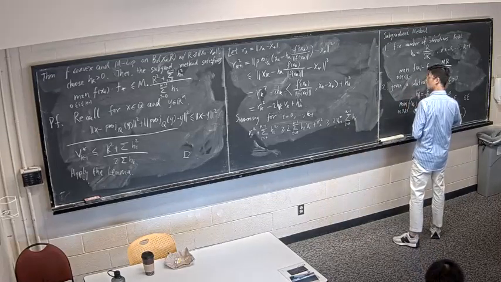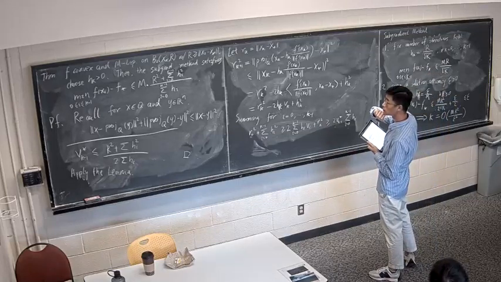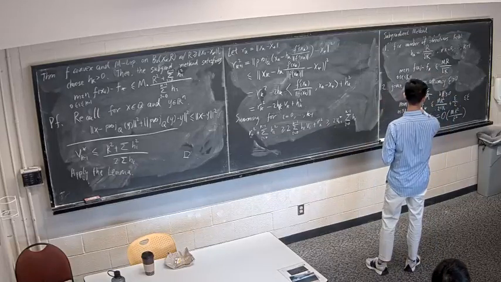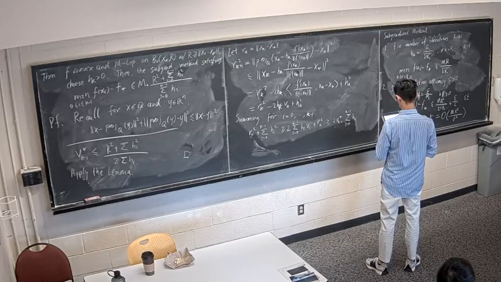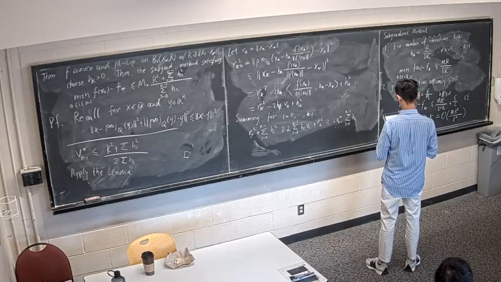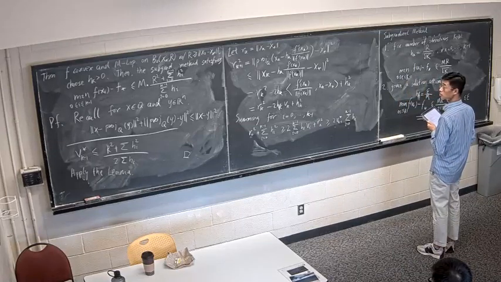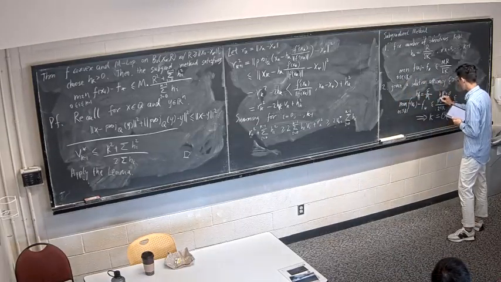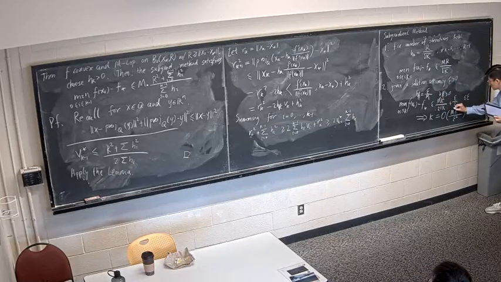There should be a square. It should be m squared. So you can show the complexity bound to find an epsilon solution is this much.